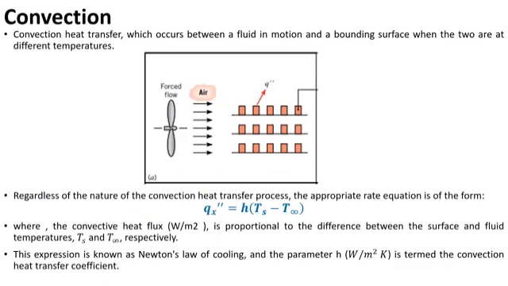Consider we have cold air passing through these blocks, which are at higher temperature than the air. When the air particles come in contact with these hot blocks, the particles near these blocks will gain energy, due to which their temperature increases.